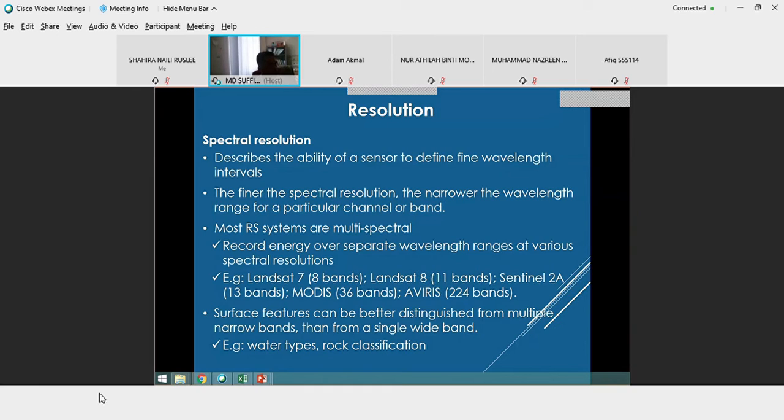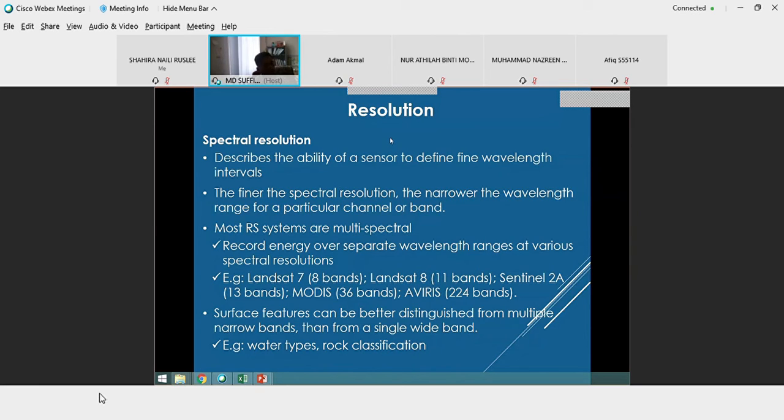For example, water types, jenis-jenis air, rock classification. So you need a very narrow band to get more information about the optical properties of the object on the ground. That one is the spectral resolution.